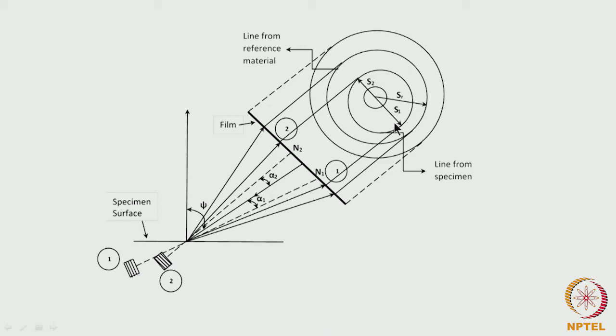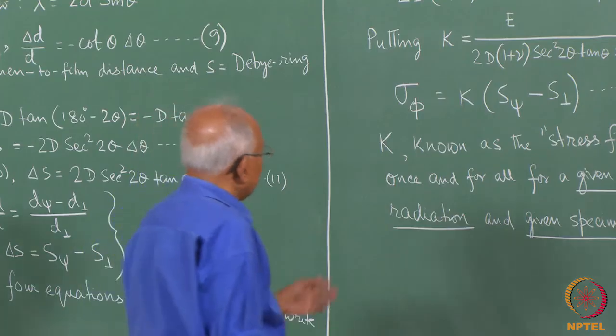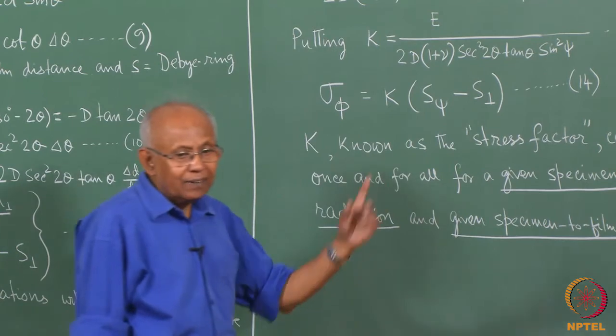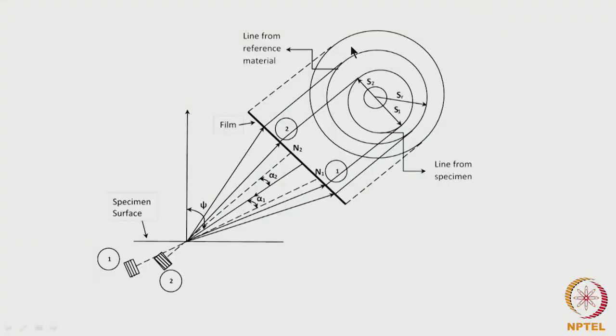The exact value of S1 can be easily found out by comparison with the line from the reference material for which the lattice parameters are already known. So, we can accurately measure S1 by comparing with SR, and that value is put over here, and S perpendicular is the value of the diffracting ring radius which is obtained by taking a normal incidence X radiation and measuring the radius therefrom.